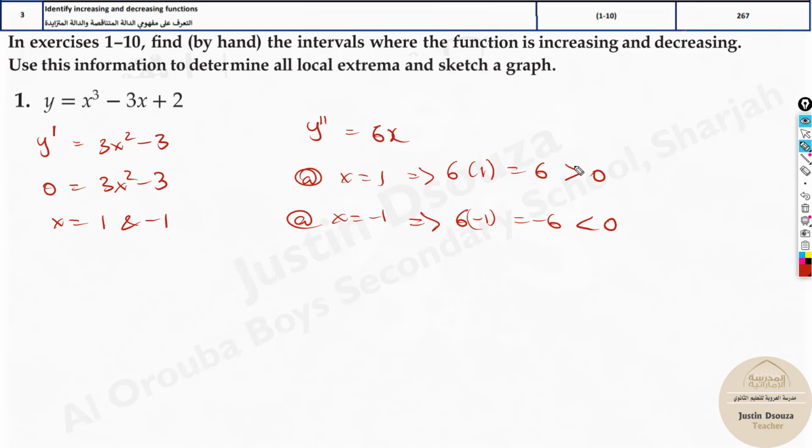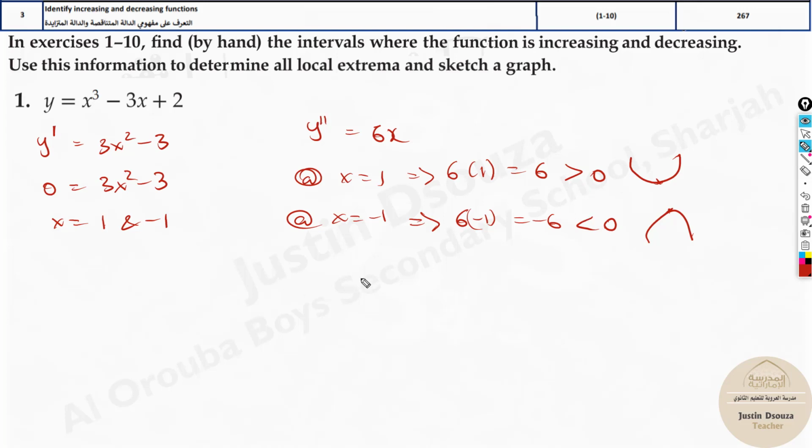Now here, 6 greater than 0, what does this mean? The double derivative is greater than 0. The graph is opening upwards. Whenever it's a positive number in the double derivative, it opens upwards. When it's a negative number, it opens downwards like this.